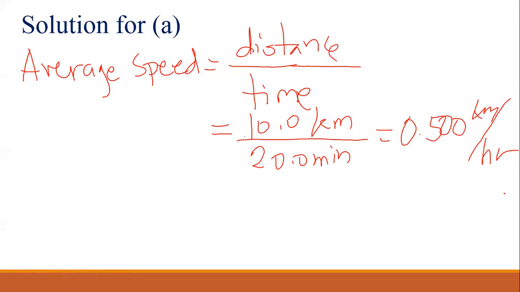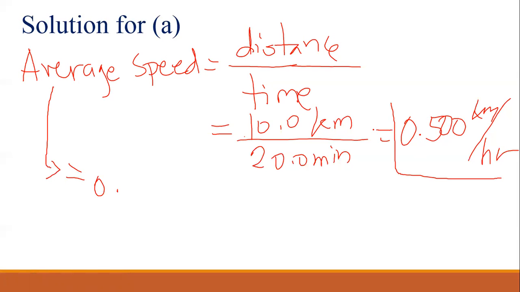And then next, we get now the average speed. After getting this one, that's 0.500 kilometers per minute, we convert kilometers per minute to kilometers per hour, since we are calculating the average speed in kilometers per hour.